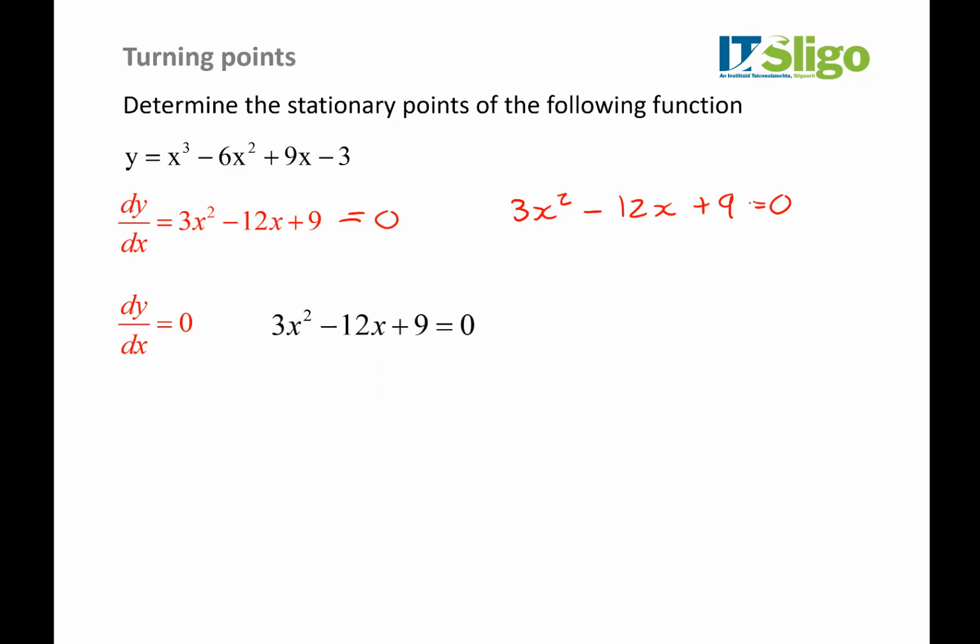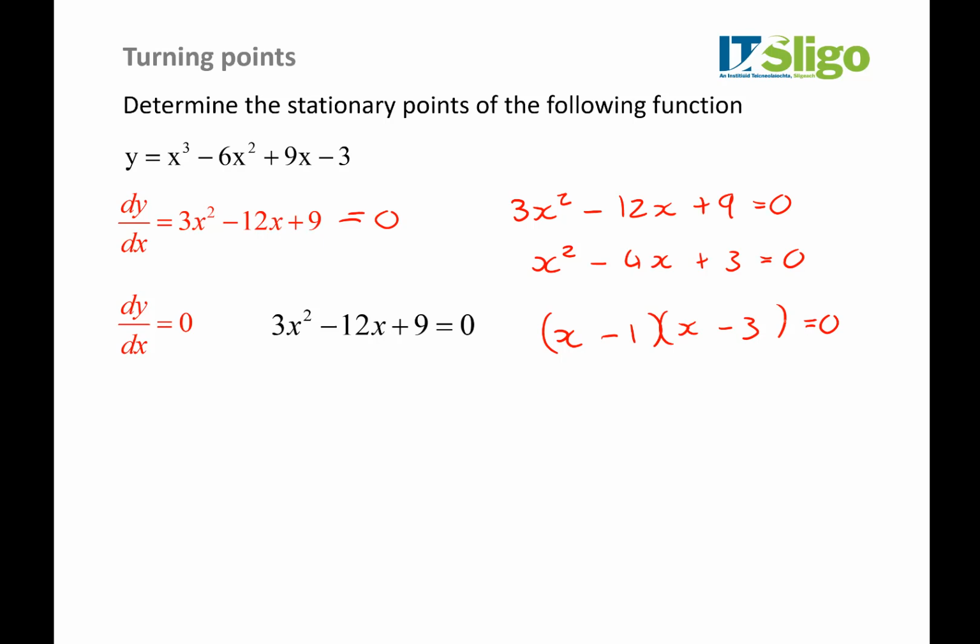And we actually have to factorize our equation. So what I would do here, because it's equal to 0, we could divide across by 3. And then we'll factorize. I won't spend ages on it. X minus 1 and x minus 3.